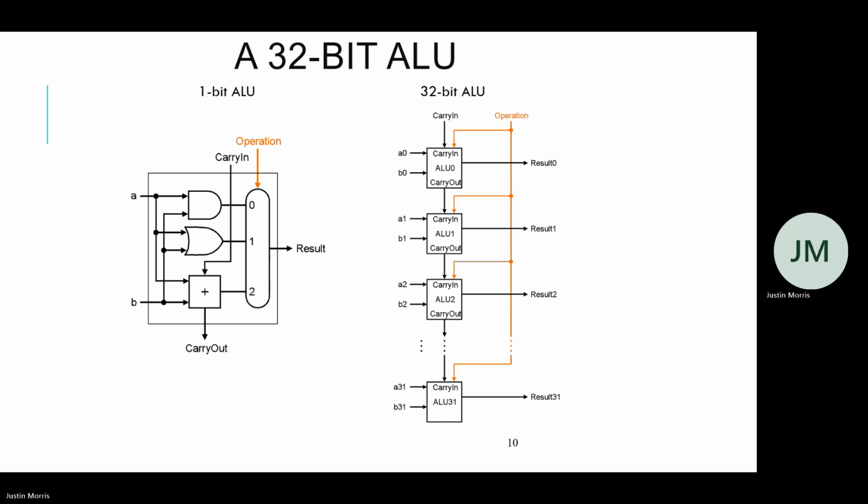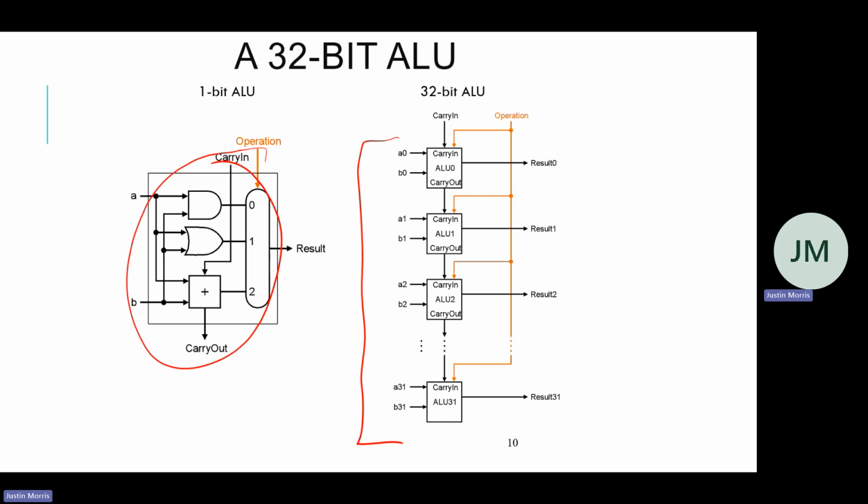You're going to instantiate, this one is for the least significant bit. This one's for the most significant bit. And in terms of the AND OR operation, it's very simple.